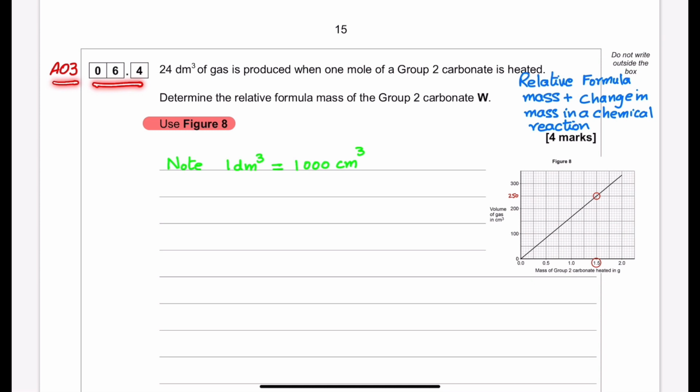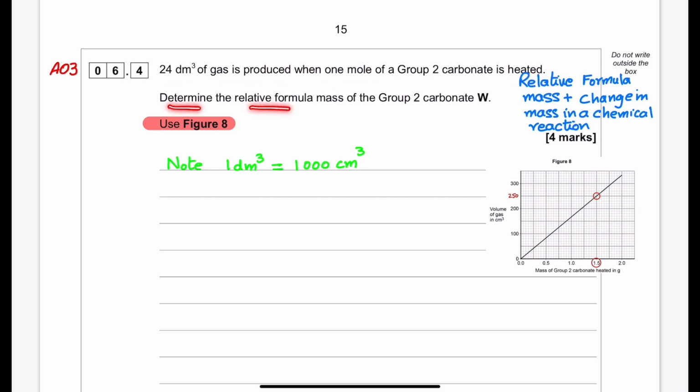6.4 is an AO3 question. 24 dm³ of a gas is produced when 1 mole of group 2 carbonate is heated.